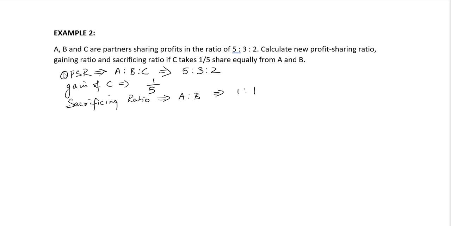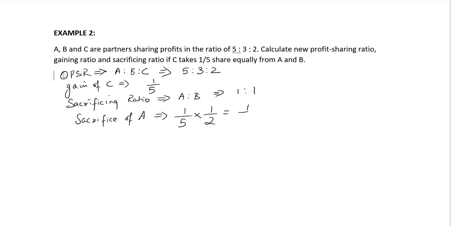So as we saw in the previous theory section, to get the sacrifice of A, we need to take the total sacrifice, and the total sacrifice of A and B together is 1/5, which is the gain of C. So 1/5 into the sacrifice ratio of A, which is 1/2.